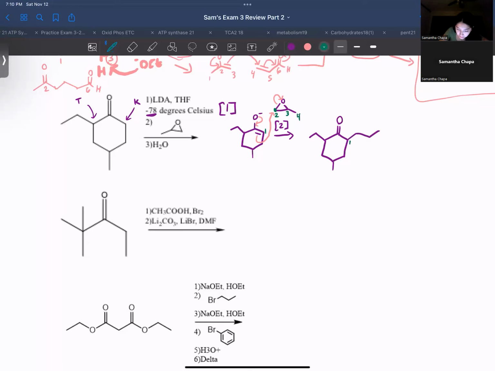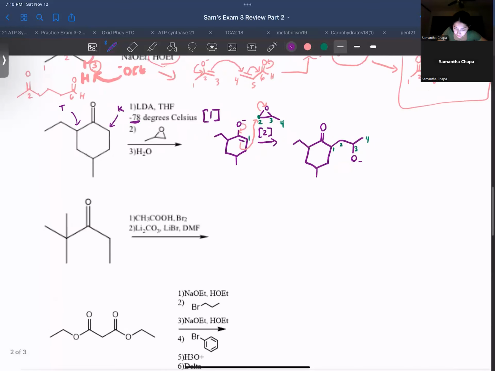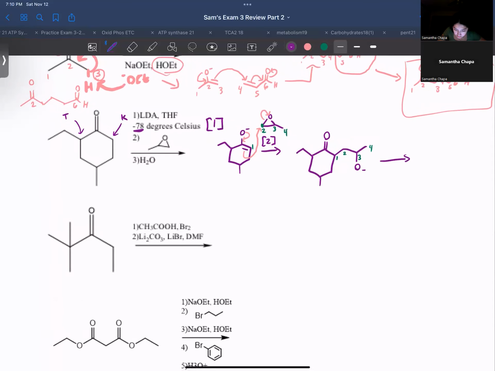So this one was number 1, 2, 3, and 4. And that's good. And I know that on carbon number 3, I have a negatively charged oxygen. So that's good. Number 2 for the second step.